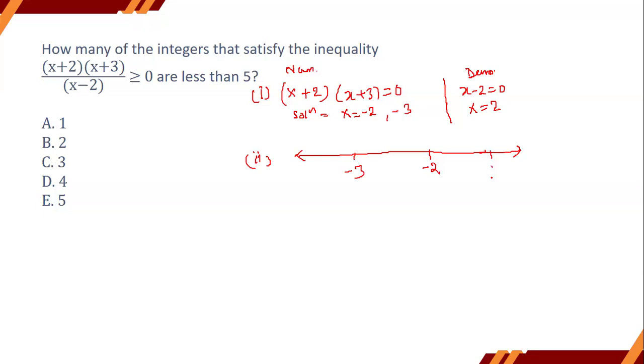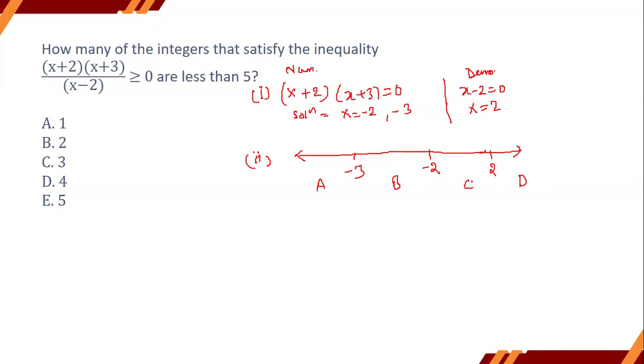All right. Now, once we have kept all these solutions here, we can see that we have 4 regions: A, B, C, and D, right? That is, region A is x less than minus 3. Region B is that x lies between minus 3 and minus 2, right?